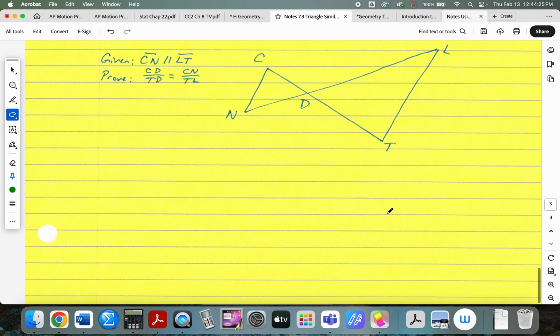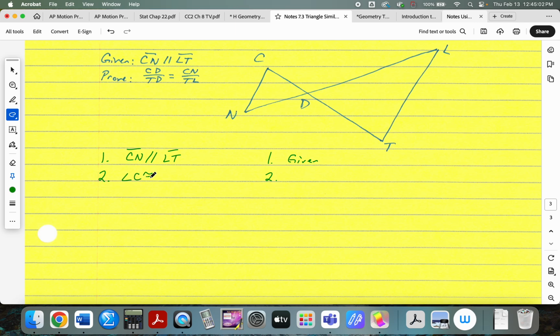All right, so let's look at this proof. We'll do a 2-column. Most of you do 2-column proofs. You can do a flowchart proof if you like. So if we're given that those two lines are parallel, what conclusion can we immediately make?